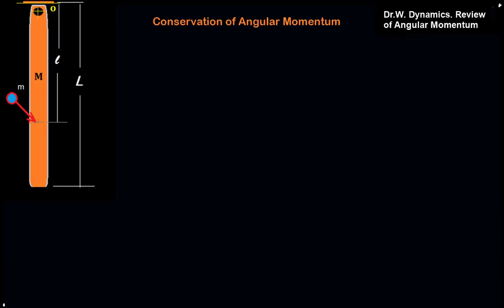As an example, let's have a small mass m collide with a free hanging bar of mass capital M and length L, and let's have the small mass become embedded inside of the bar.